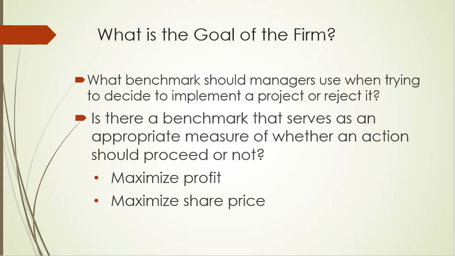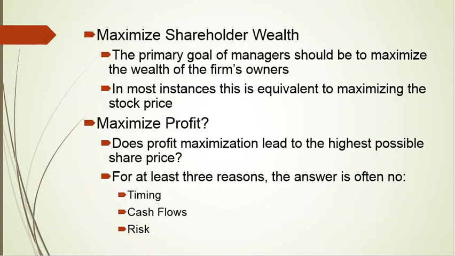And there are only really two choices: maximizing profit or maximizing wealth. So let's kind of talk about those two topics. So let's start with maximizing shareholder wealth. This is the primary goal of managers and what they should use to maximize the wealth of firms' owners.